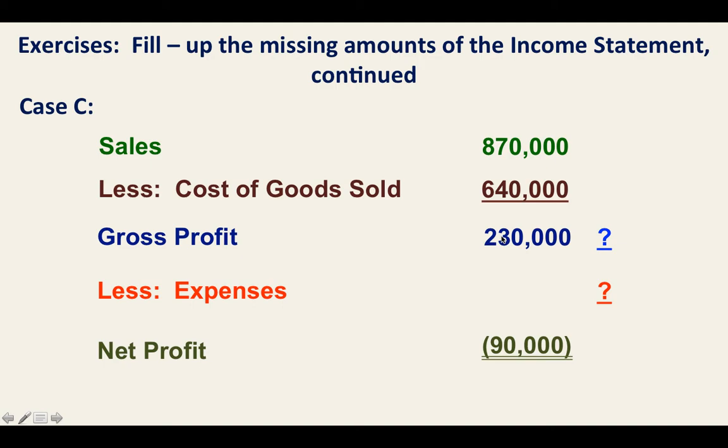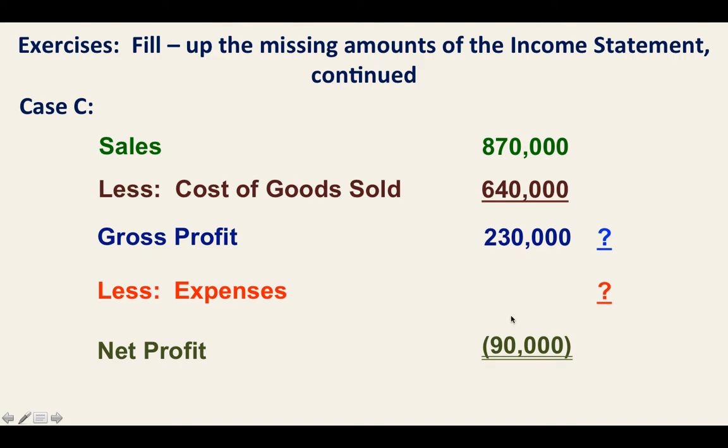So in this case, you have to add the 90,000 to 230,000 when it is negative. If this is positive, you just have to deduct. But this is negative, so you have to add 90,000 to 230,000.